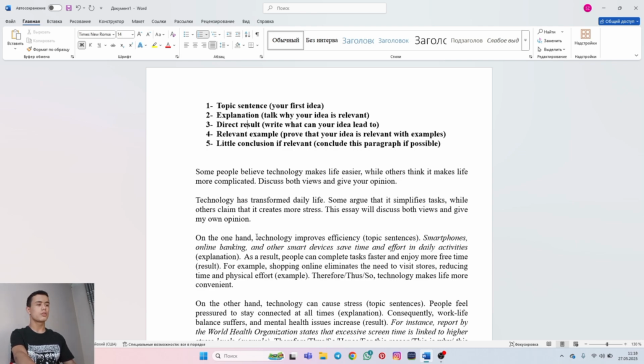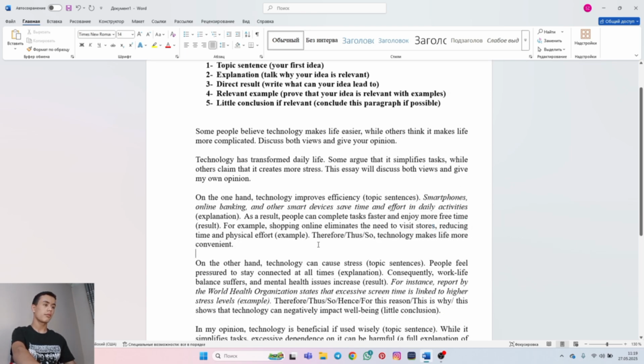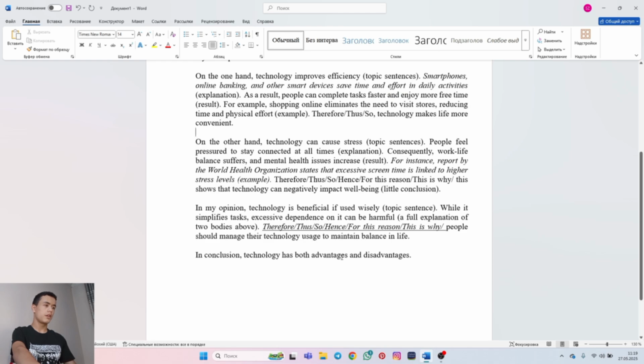This line is not useful, and this kind of line always bores examiners. So you just have to be specific, like a topic sentence in the first line of your body, and following this, you just have to talk about explanation and give some direct result, relevant example, little conclusion if possible. Right here we have done, and we are about to make a conclusion here.